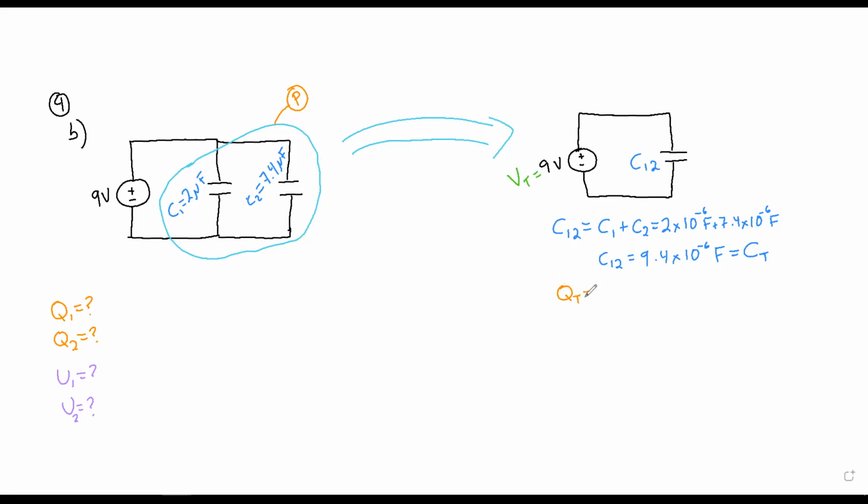The total charge is going to be the total capacitance times the total voltage, which is equal to 9.4 times 10 to the minus 6 farads times 9 volts. And how much would that be? Please calculate that.